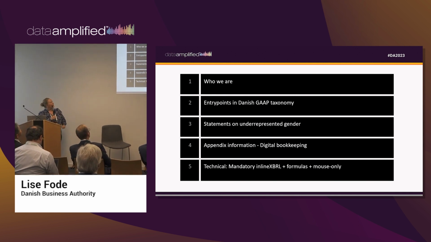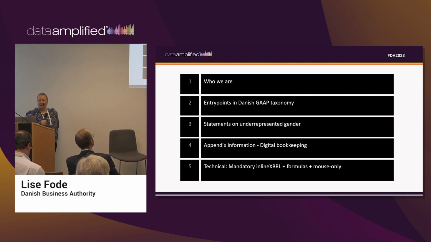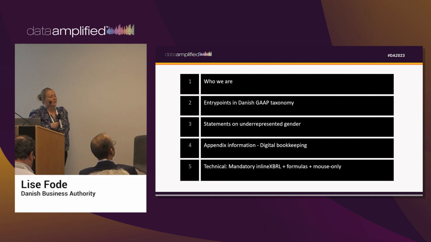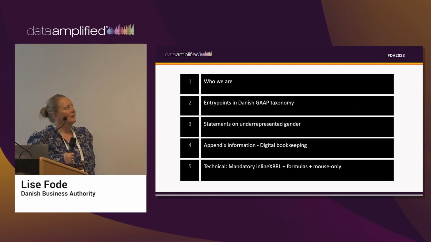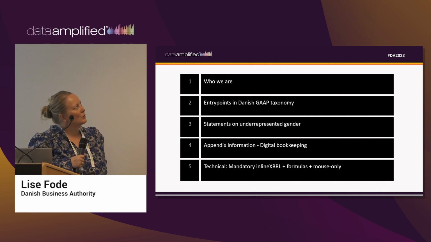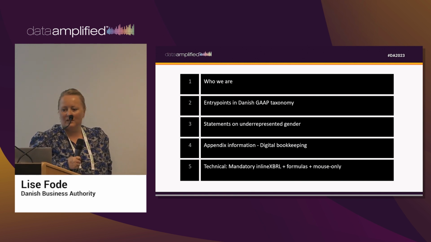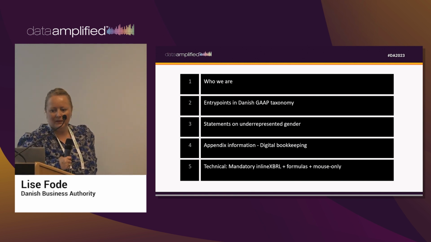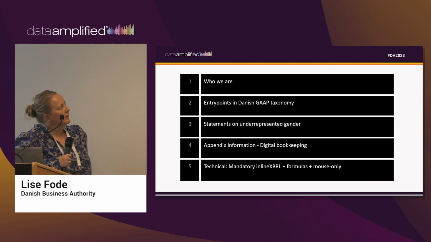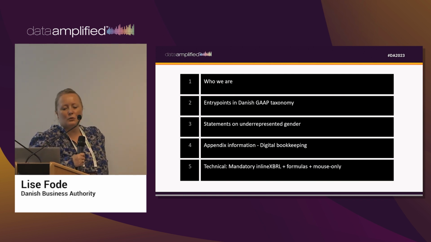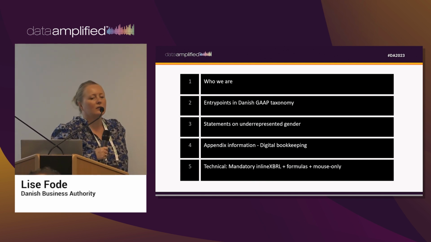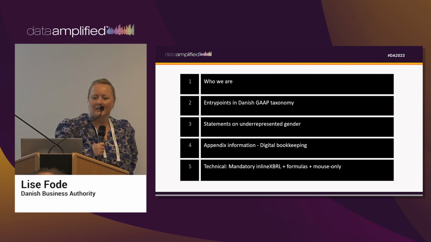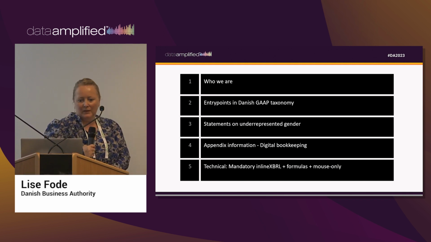First off, a little about the agenda today. I will start out with who the Danish Business Authority is. Then I will dive a bit into the various entry points in the Danish GAAP taxonomy, and a little about how we use our non-financial data, especially here on the statements on the underrepresented gender in Danish sports.